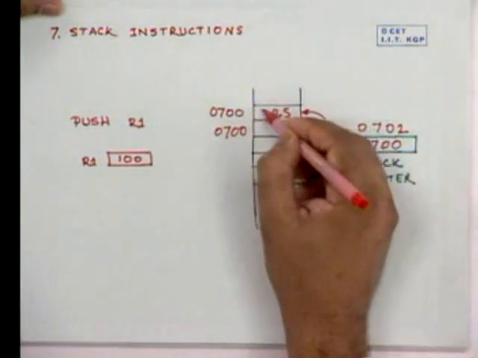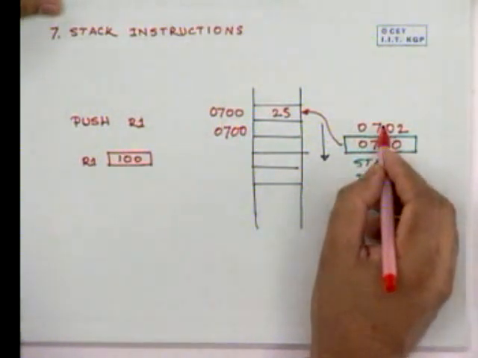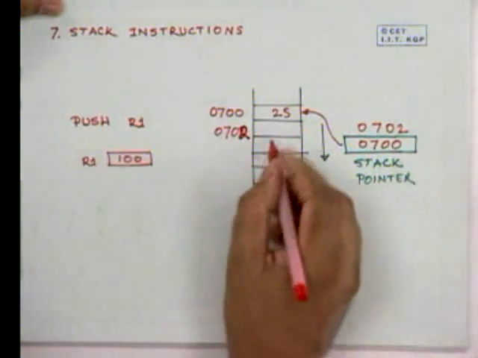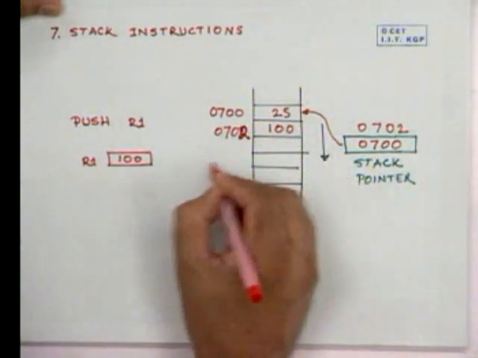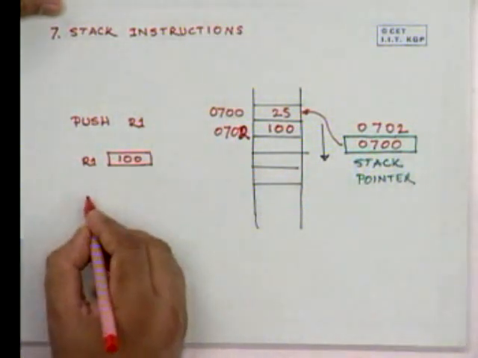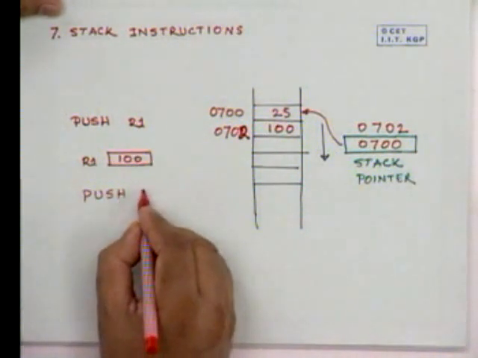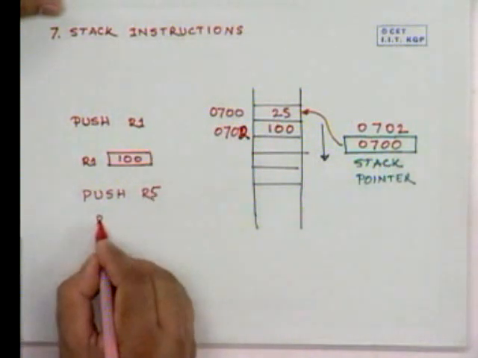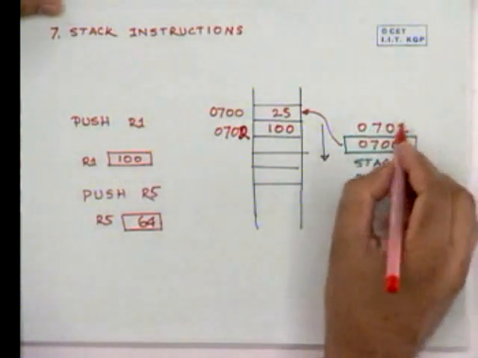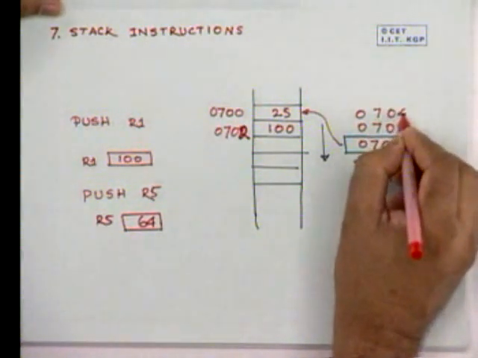I'm assuming that each cell is taking 2 bytes. Then it will be incremented to 0702 and 100 will be pushed into the stack. Similarly, if we then say push R5 and the content of R5 is say 64, then the stack pointer will be incremented to 0704.